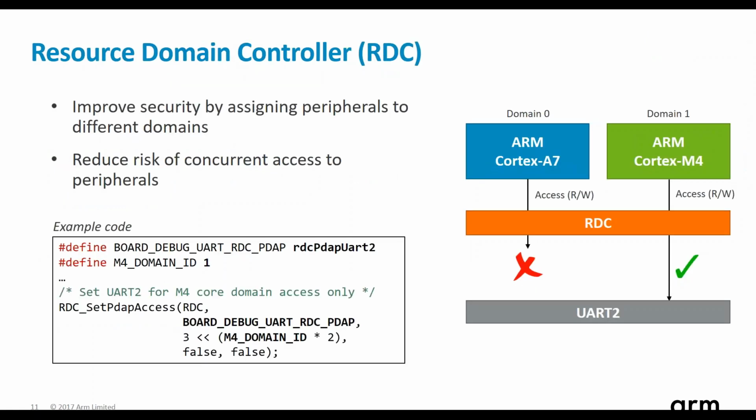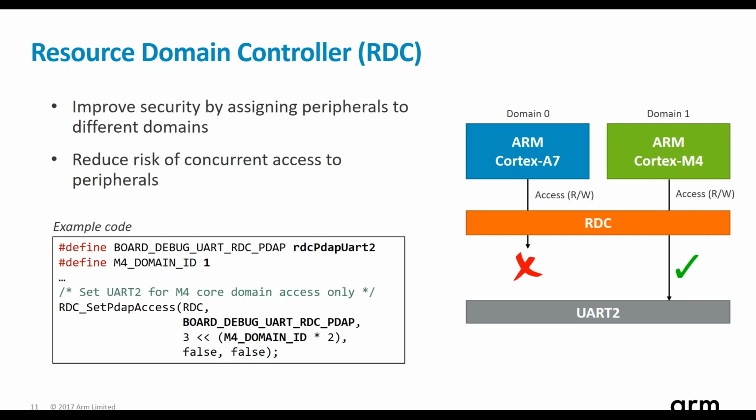So one of the problems that we might have when communicating or sharing memory as well as peripherals within two processors and two separate operating systems is how can we make sure that one processor is not accessing resources that are allocated to the second processor. So the IMX devices have a very nice mechanism called the resource domain controller.